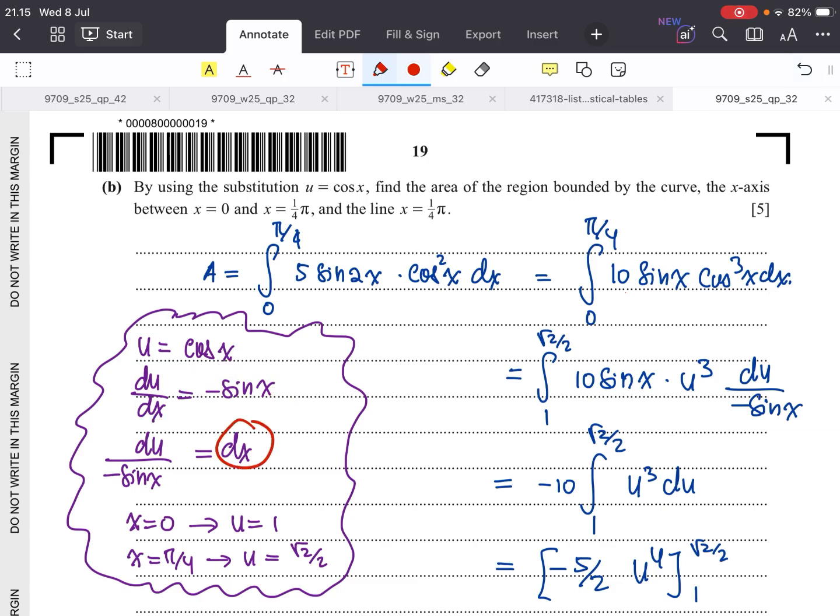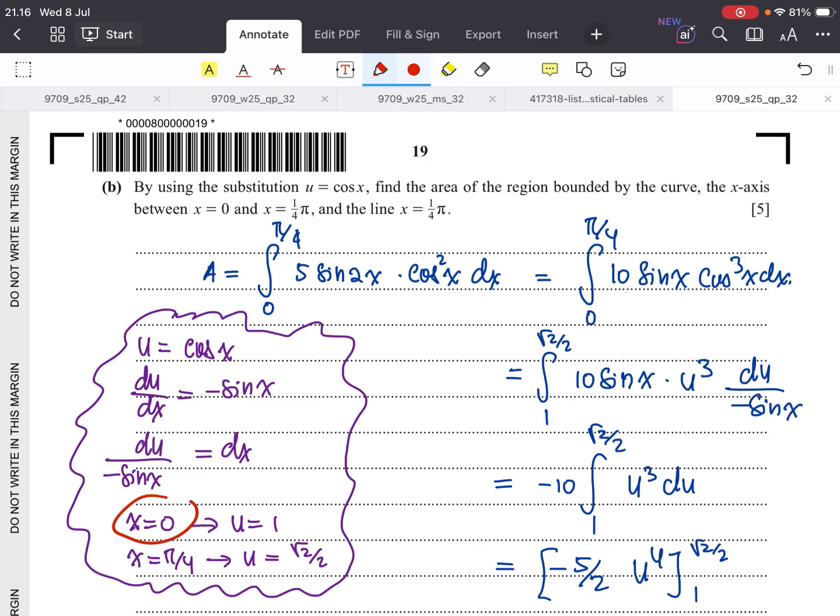So dx we can write into du over minus sin x. And then we also change the lower boundary and upper boundary in terms of x, change in terms of u.